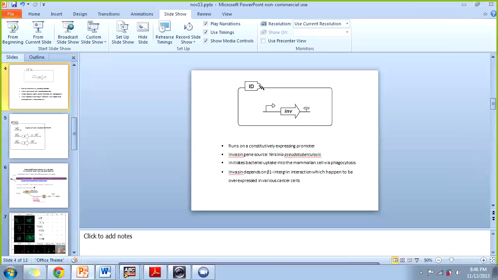So after the bacteria invades the cell, it has to at some point release its contents to the mammalian cell.